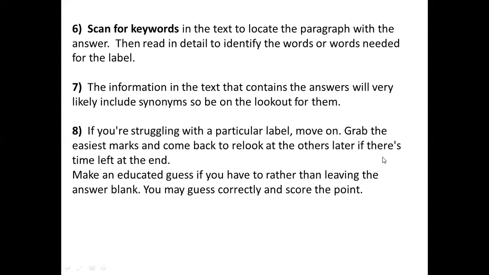Okay. Yes, when you have found these keywords, you need to locate them in the text. So you scan the text, you locate these keywords, and after locating the keywords, you can read in detail around these keywords to understand the answer, to identify the label.